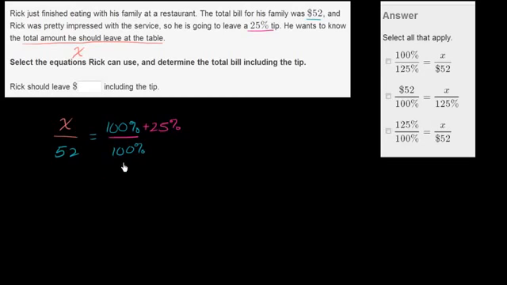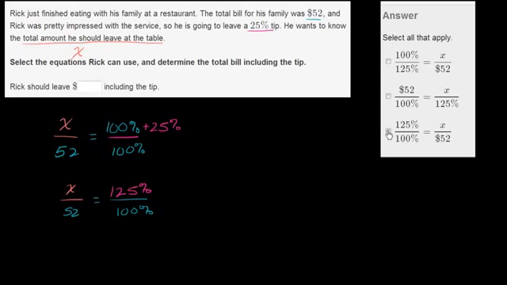So we could rewrite everything that I just did here as X over 52 is equal to 100% plus 25%, which I could write as 125% over 100%. Now, if we look at the choices here, this looks exactly like this. If we just swap the left and right-hand side, we get 125% over 100% is equal to X over 52.